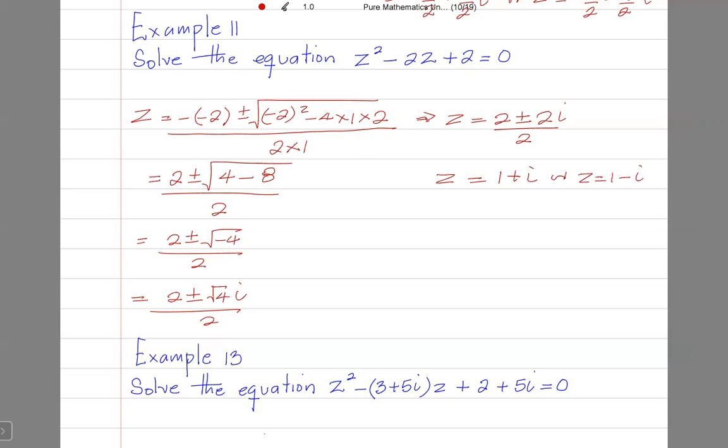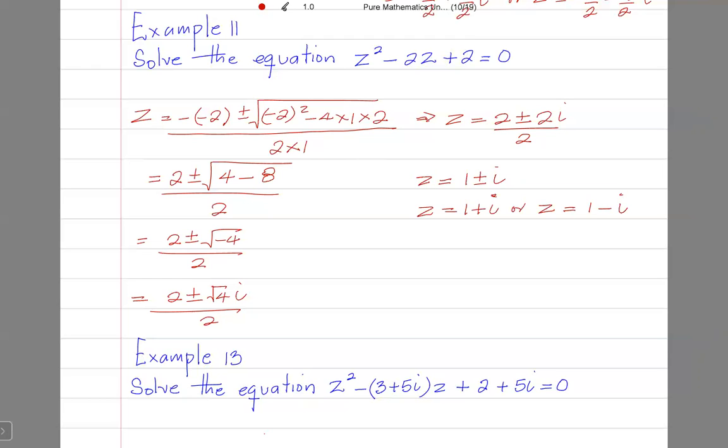Okay, let me just tidy up the ending part here a little. I'm going to say that z is equal to 1 plus or minus i, because they divide both by 2, and so z would be equal to 1 plus i, or z would be equal to 1 minus i.